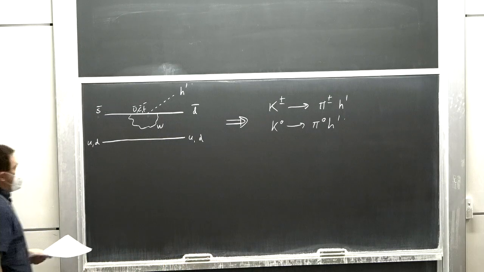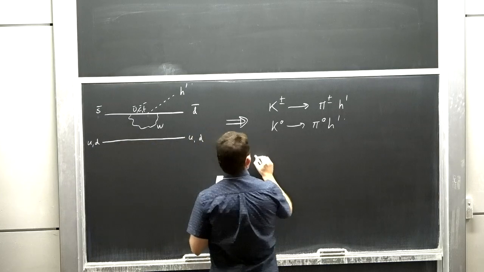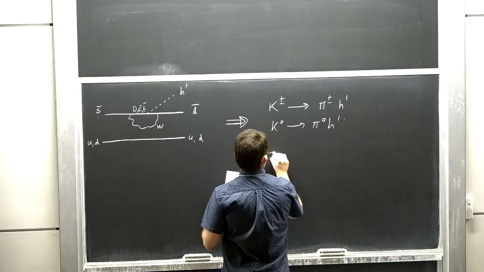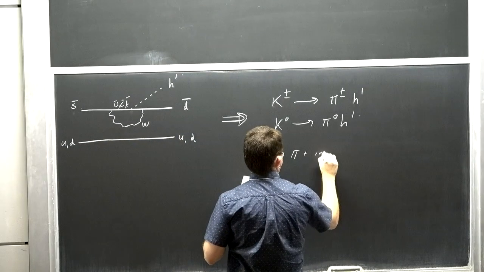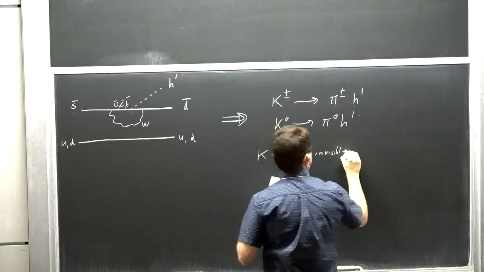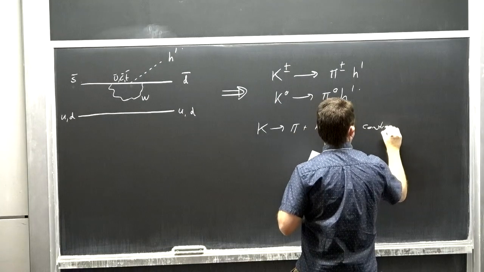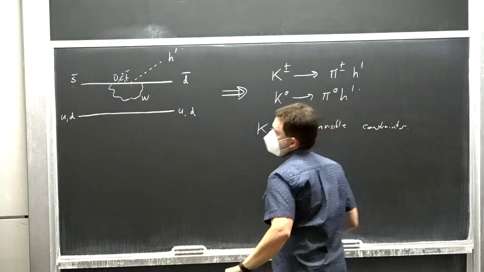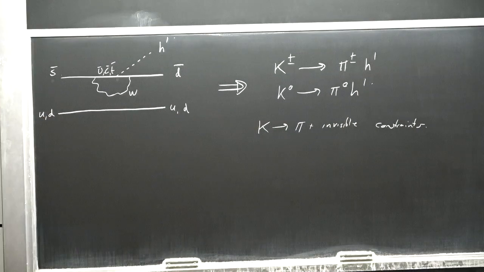Okay? So the searches that constrain these are K goes to pi plus invisible. But please remember that in an even slightly more complete model, like this minimal dark photon plus a dark Higgs, these other decay modes can be important and can change the picture.